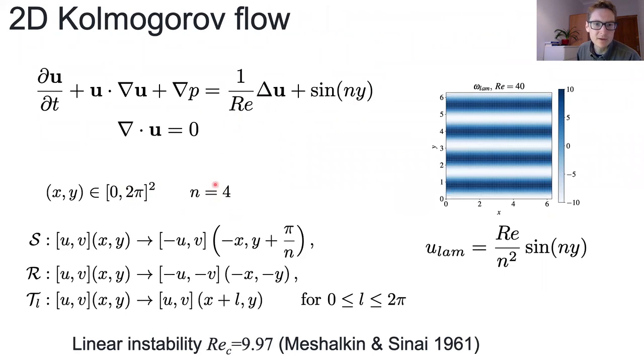I'm considering the now classical n=4, so 4 forcing wavelengths in your domain. At low Reynolds number, you have a balance between dissipation and forcing, and you have the laminar solution appearing, which just mimics the forcing. So you're seeing vorticity at Reynolds number 40 for that laminar solution. And it has a linear instability at around 10, and thereafter a supercritical transition to turbulence.